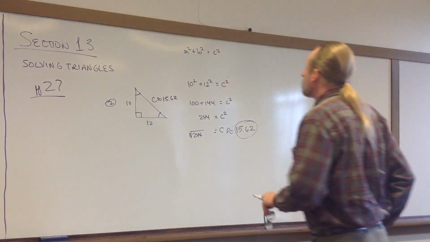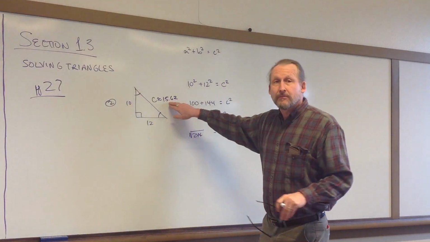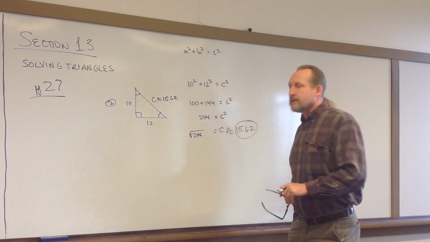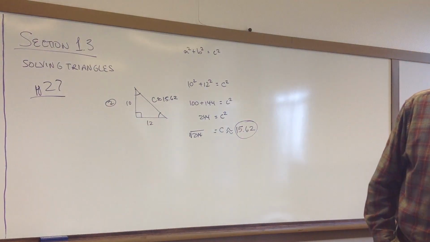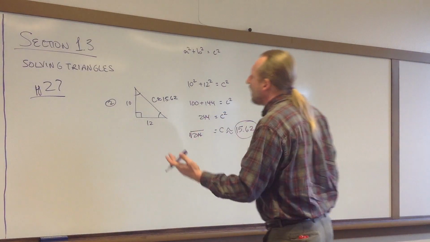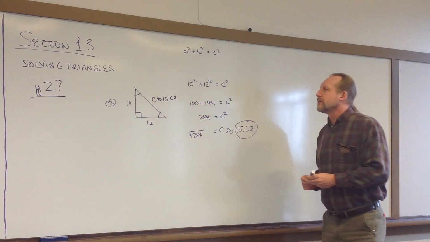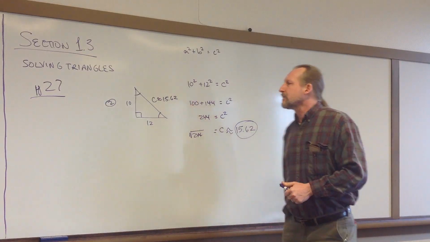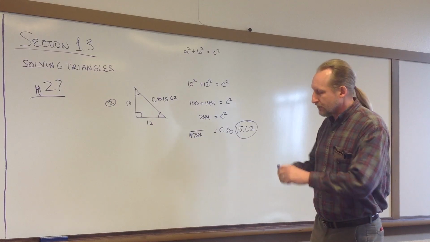I would stay away from using this value in finding those angles. I talk about this a little bit in the section. In the examples, I talk about using the most accurate values that you have to find other values, because this 15.62 is an approximation, and it can affect your accuracy if you use it.